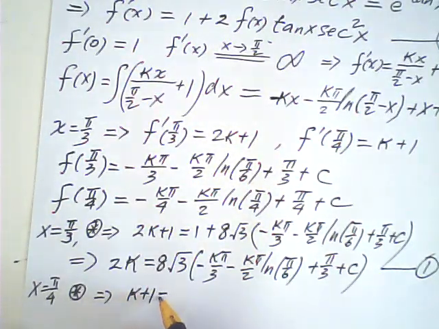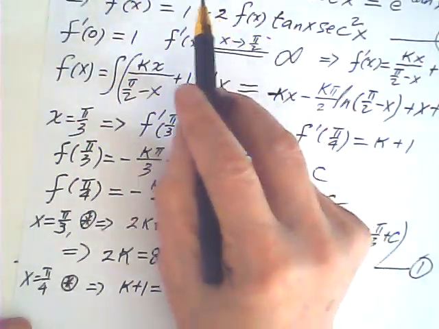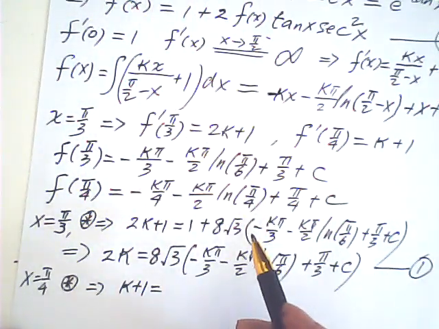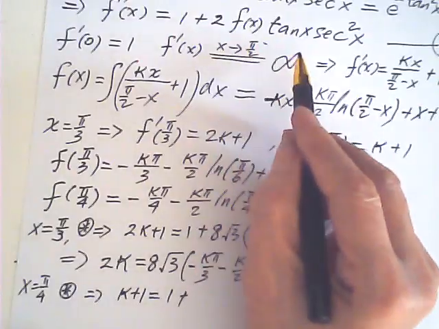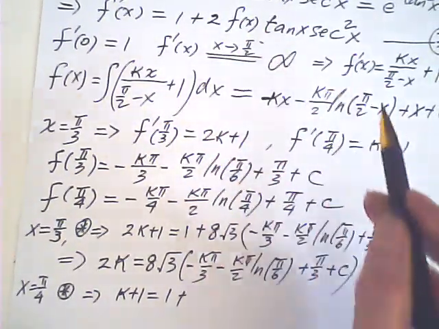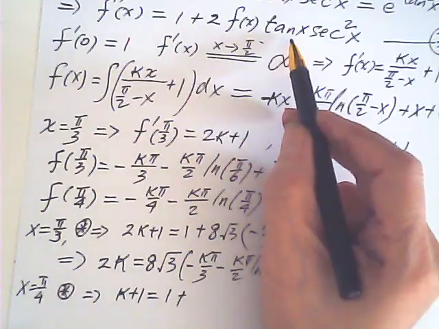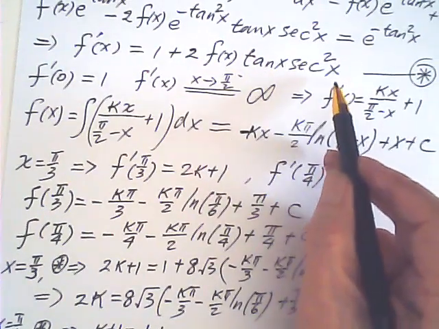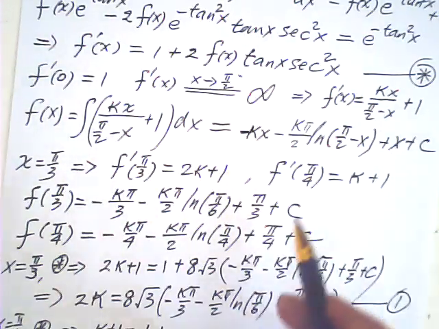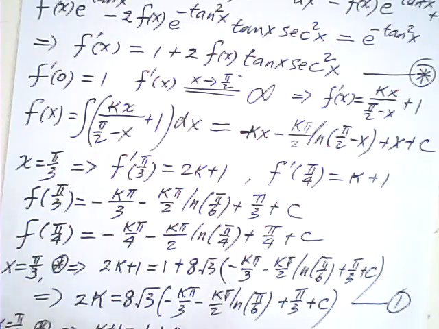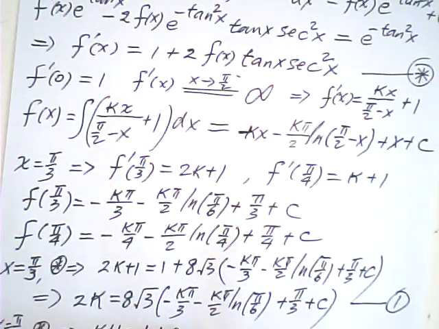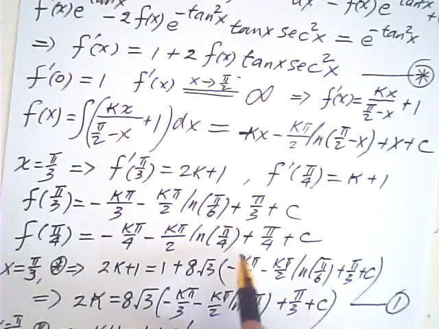K plus 1 is equal to 1 plus twice this times this. The tangent of quarter pi is equal to 1. This is equal to 2. Therefore, it becomes 4 times f of quarter pi. F of quarter pi is this.